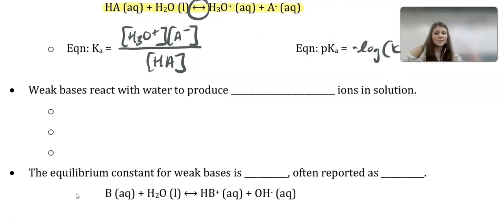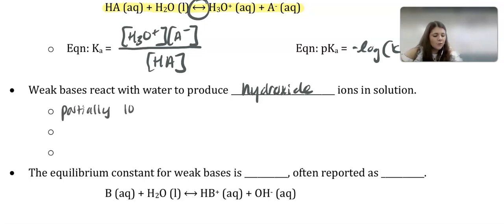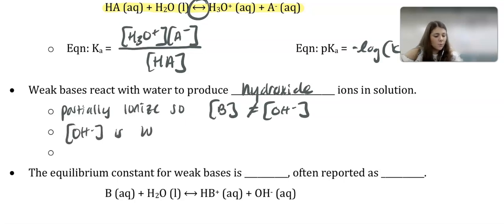Now let's talk about bases. Weak bases react with water to produce hydroxide ions in solution. Just like weak acids, they partially ionize. So our base does not equal OH minus. Here, our hydroxide is way smaller than the concentration of our initial base.